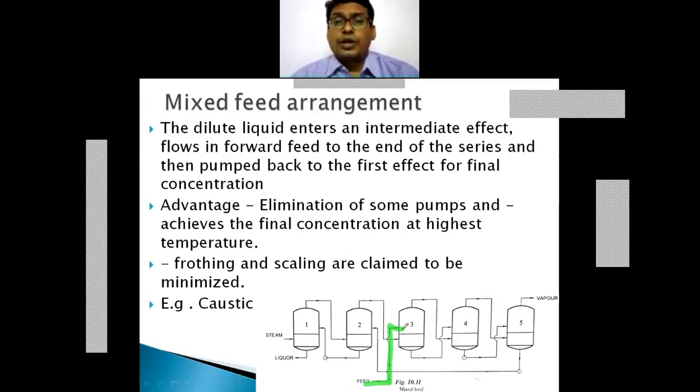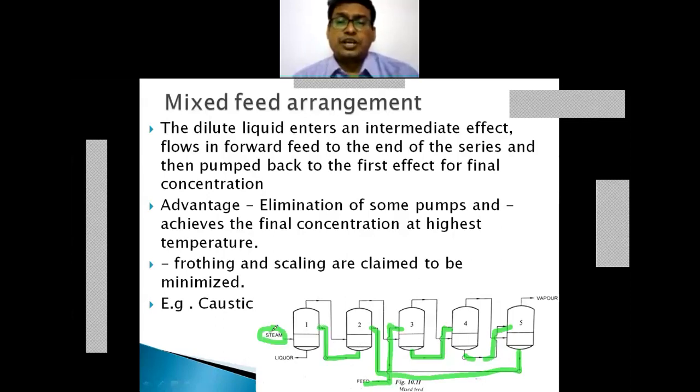So it flows in the forward feed direction up to the end of the series. As a result, the fluid moves in the forward feed direction, and then from the last effect it comes back either to the second or to the first, and then from the second to the first effect evaporator.